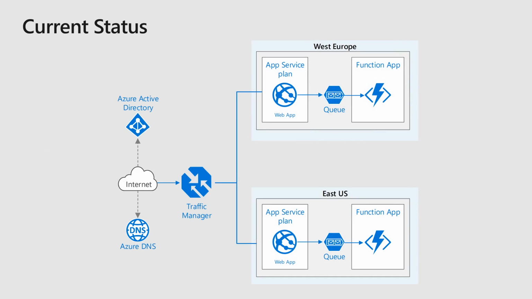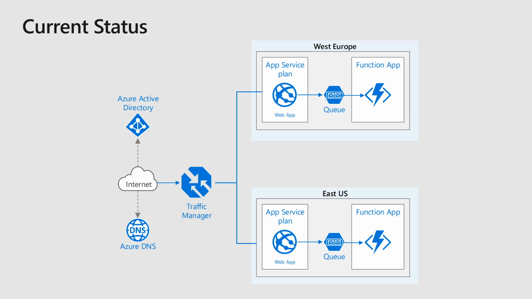We still have the West Europe stuff, the East US stuff, right? And what we have now is Traffic Manager, and I have a specific endpoint to go to that Traffic Manager. Then I can go to West Europe or West US depending from where my connection is.